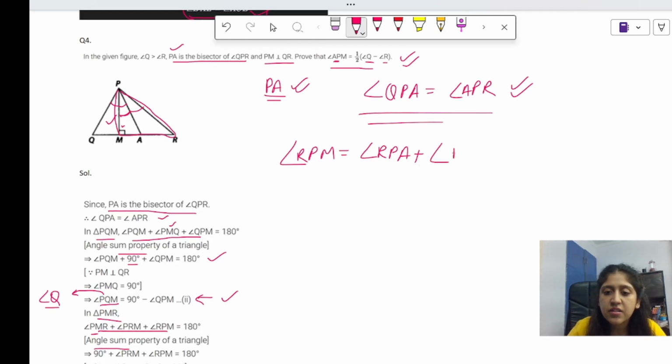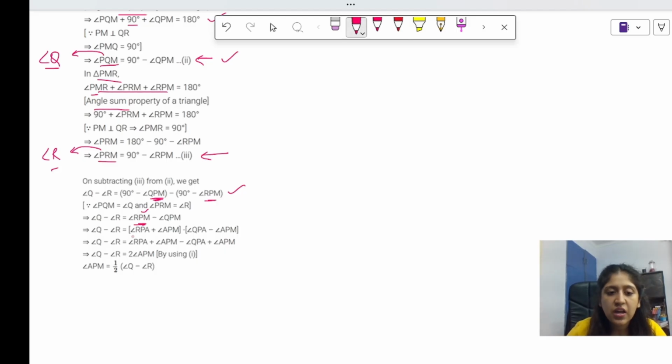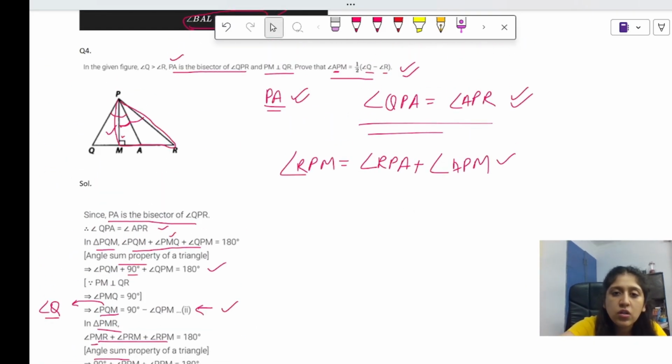So this is one thing I can write. Just see, RPA plus APM. Am I clear? What do I have to write for QPM? QPM को कैसे लिख सकते हैं? Let's find out.